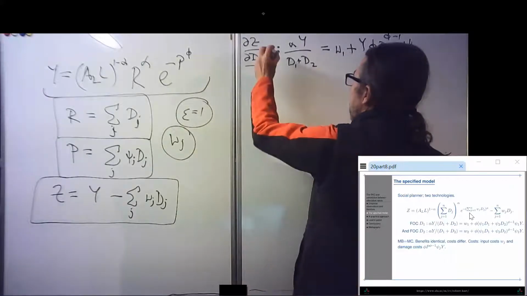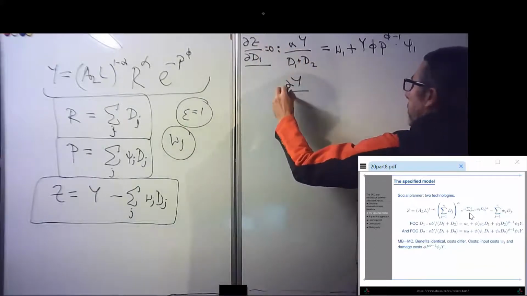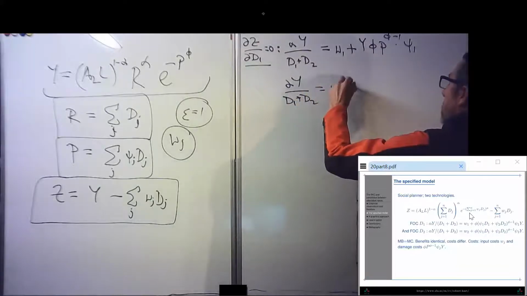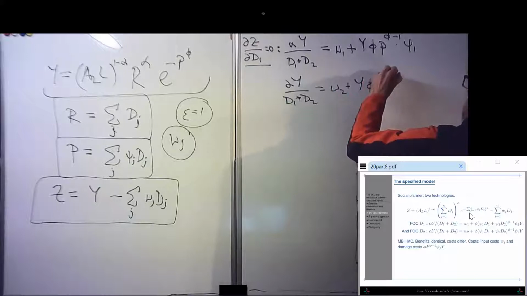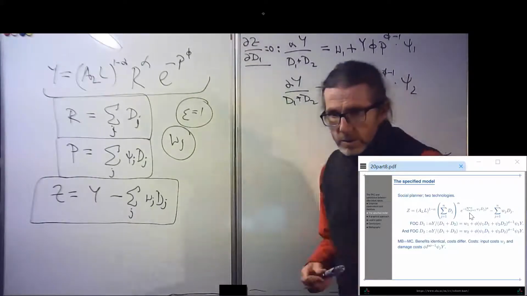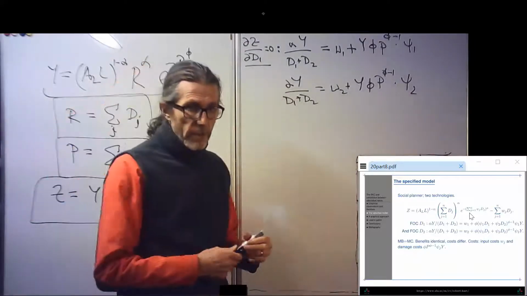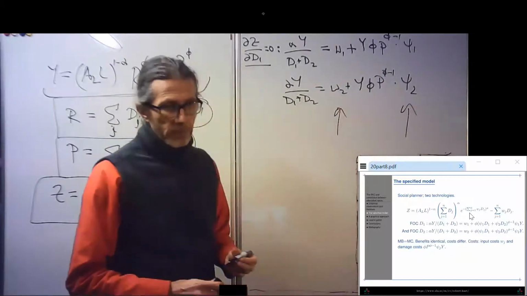And the first order condition in D2, by symmetry, we have alpha Y over D1 plus D2 equals W2 plus Y phi P to the phi minus 1 psi2. So where do these expressions differ from each other? Not very much, do they? They differ here and here.